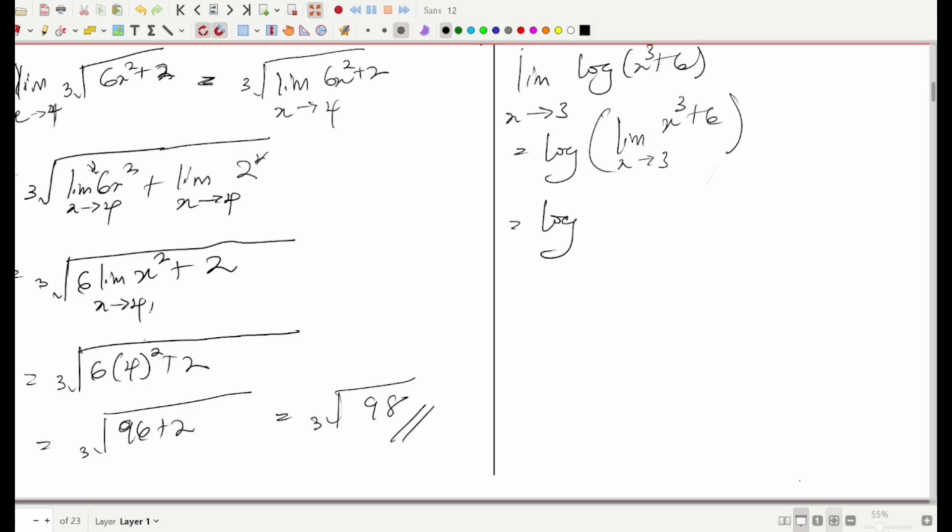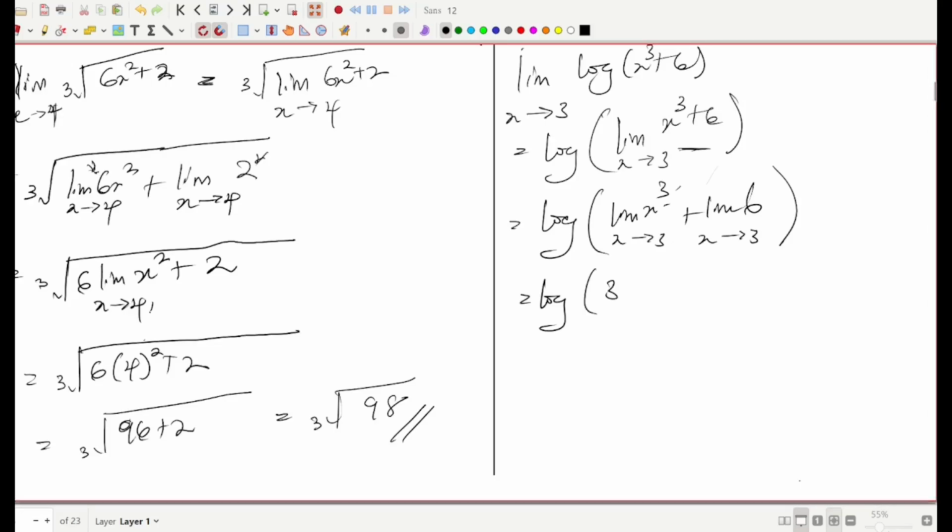Then we apply the limit rule. We can apply the sum rule here. So we'll have limit of x cubed as x approaches 3 plus limit of 6 as x approaches 3. And now here we can do a direct substitution. So we have 3 raised to the power 3 plus limit of 6 as x approaches 3.